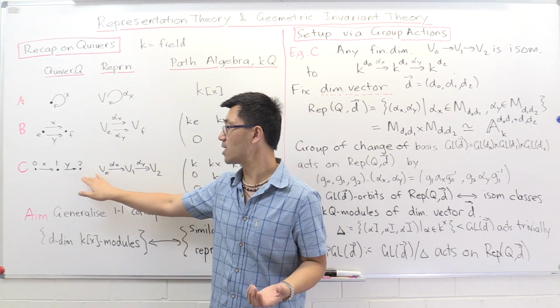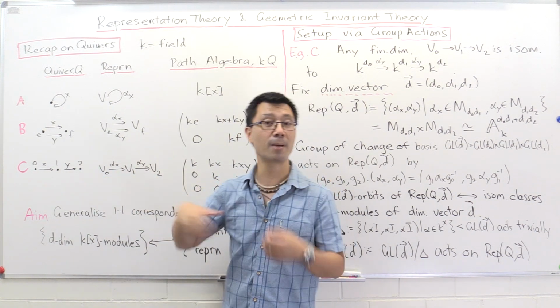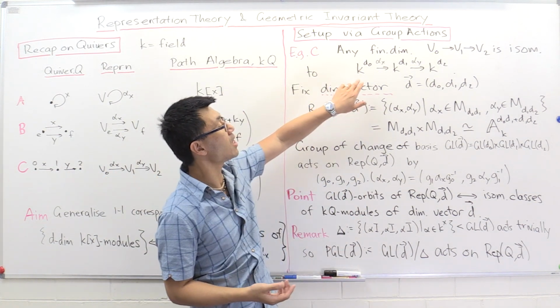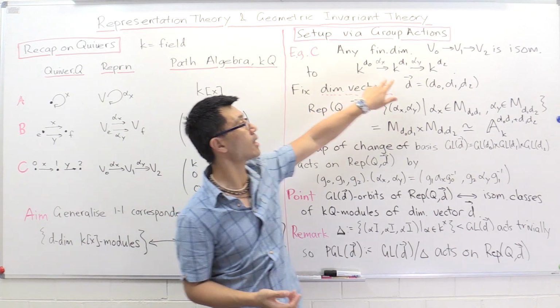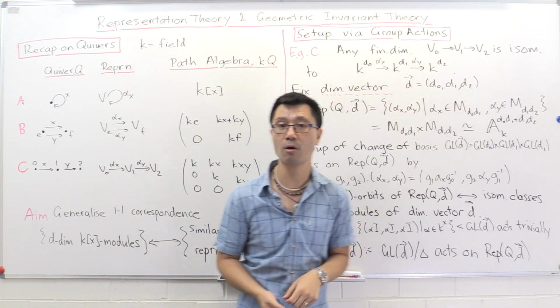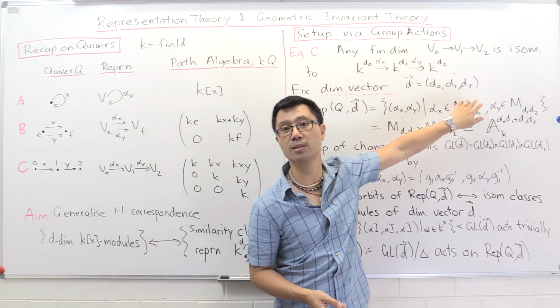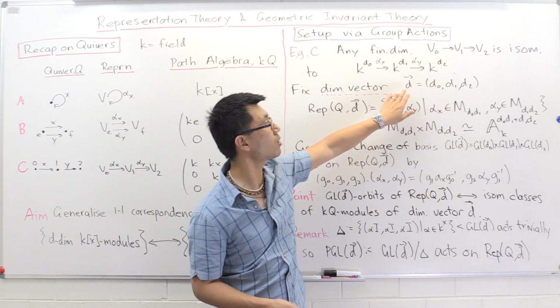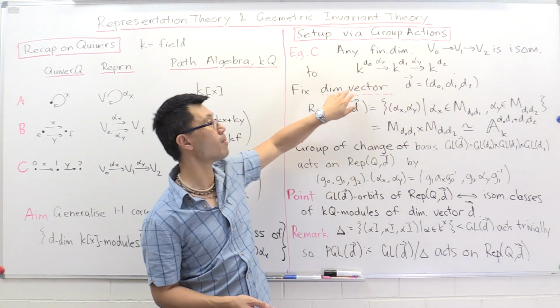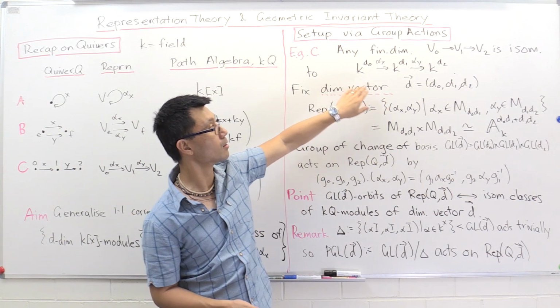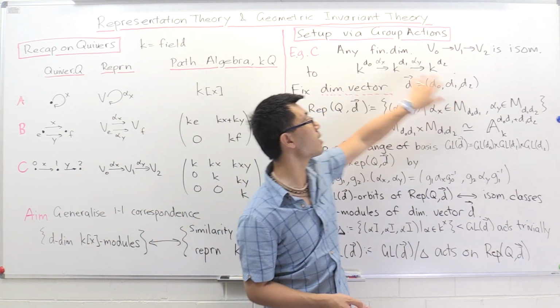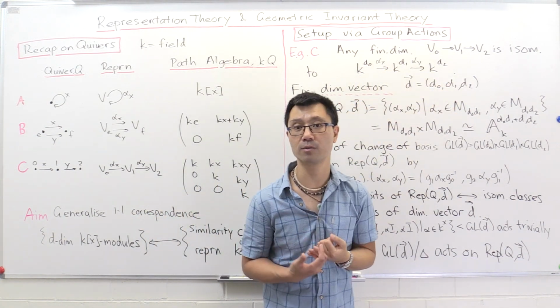In which case for each of these V0, V1 and V2, we can pick a basis for them and then identify them with K to the D0, K to the D1 and K to the D2 for some triple D0, D1, D2. We'll put that into a vector, D vector, and we call that the dimension vector. So it's not just one number, there are three because there are three vector spaces involved.